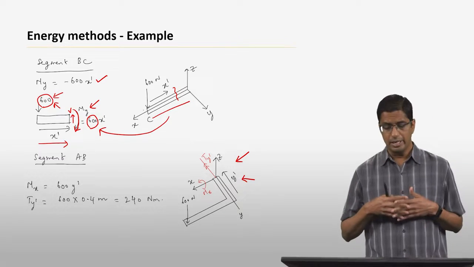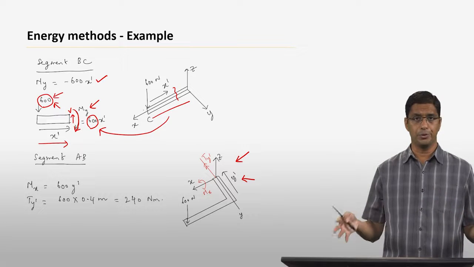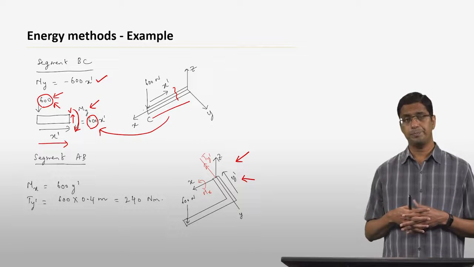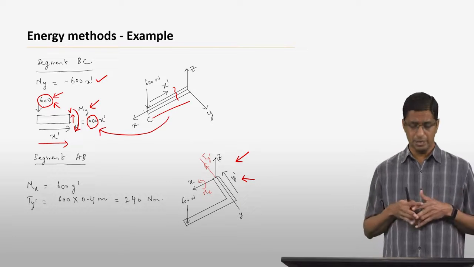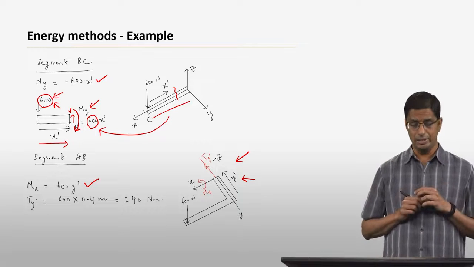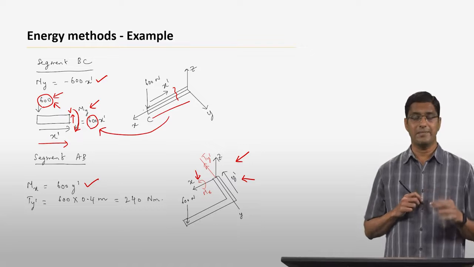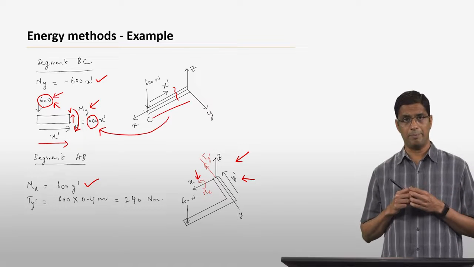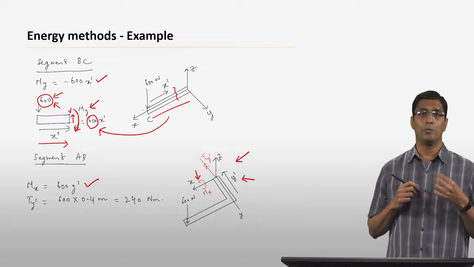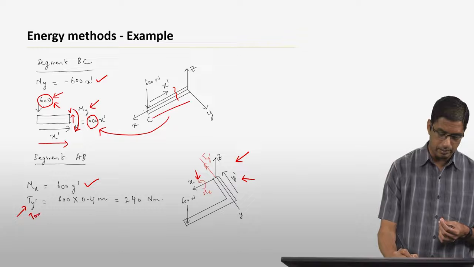If you draw the free body diagram as I have drawn here, and then use the sum of moments equal to 0 and the sum of forces equal to 0 along all three directions, you will find that the internal moment along the x direction, Mx, is given by 600 times y prime. Similarly, the moment along the y prime direction is actually a torque. So this is a torque.